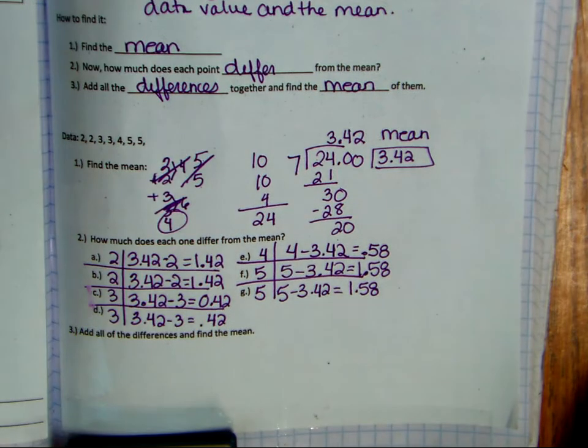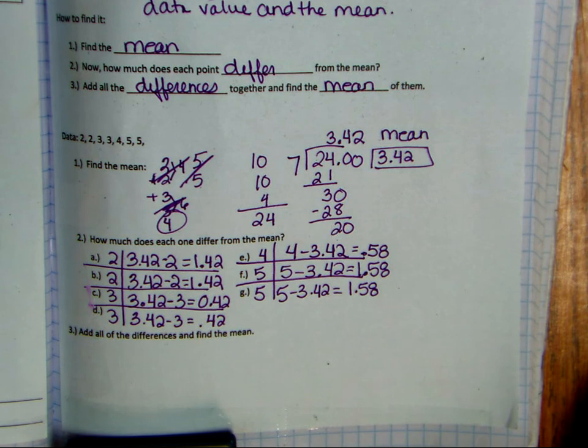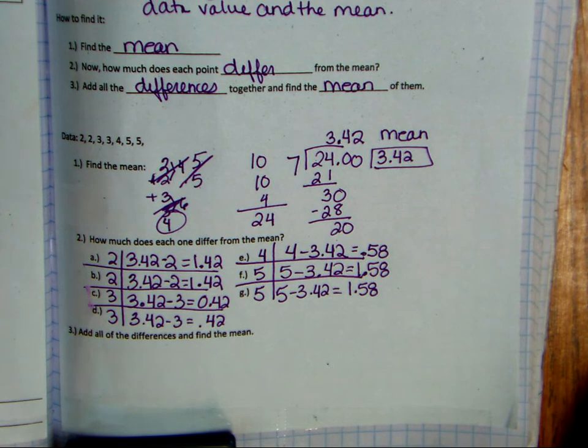Okay. So now that we've done this, we've created this new data table with the distance for each value from the mean. Now what we're going to do is add up all those together.